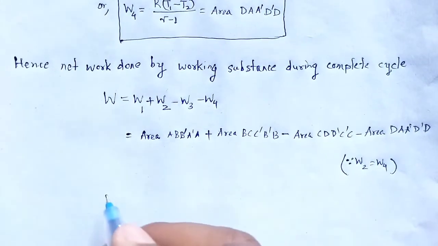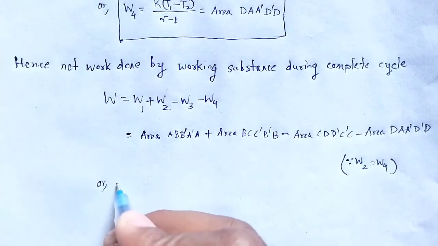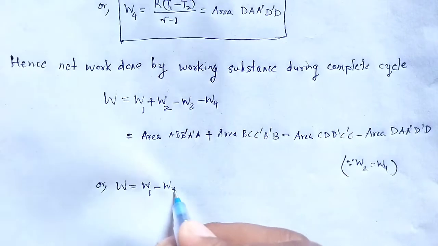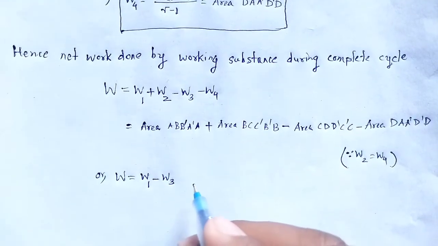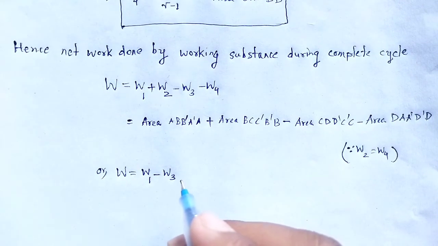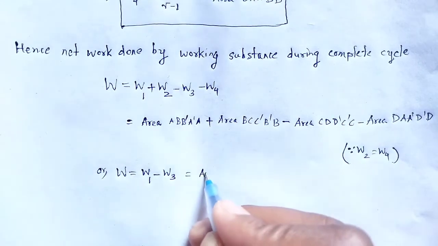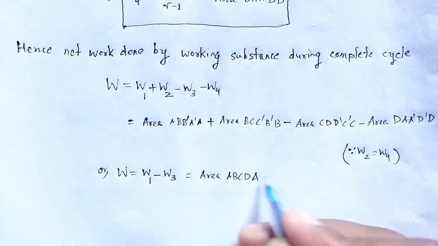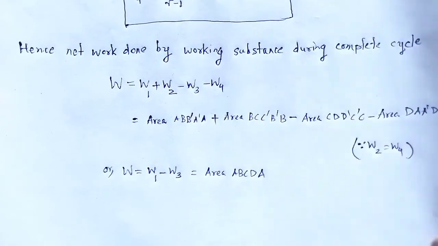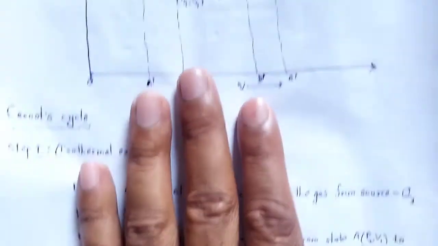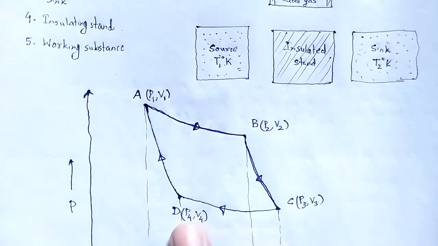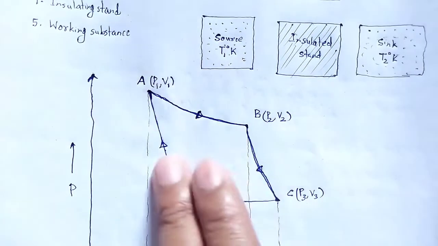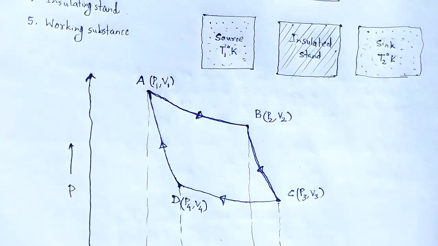So we have W equal to W1 minus W3, which is the area of A, B, C, D, A. Look at the figure, W1 minus W3 is the area under A, B, C, D, here that area.